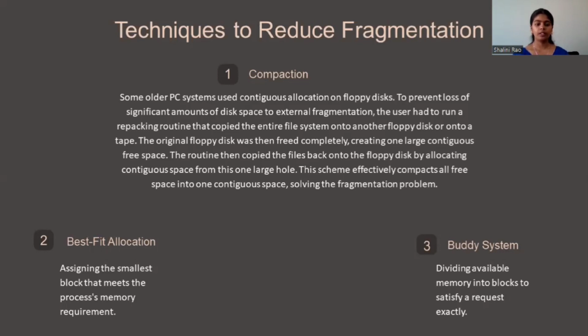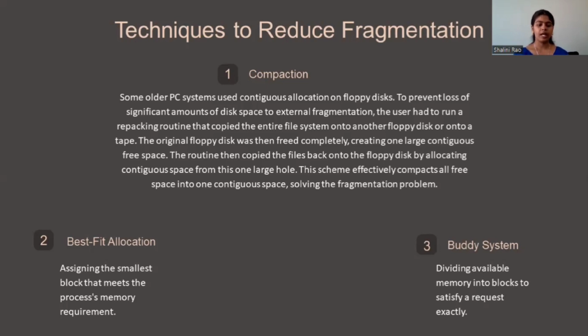The original floppy disk was then freed completely, creating one large contiguous free space. The routine then copied the files back onto the floppy disk by allocating contiguous space from this one large hole. This scheme effectively compacts all free space into one contiguous space, solving the fragmentation problem.